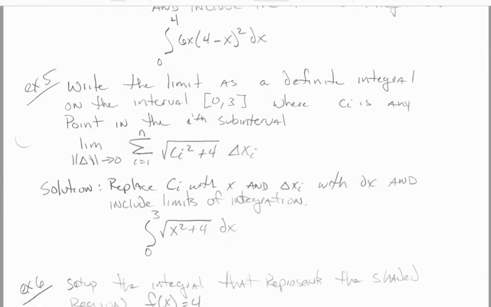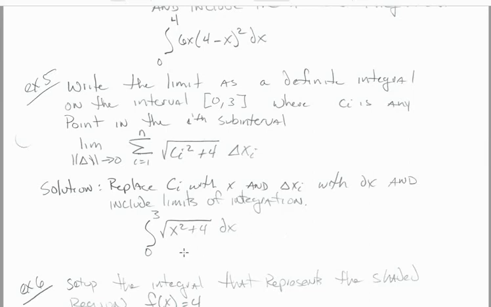Let's do another one here. We want to write the limit as a definite integral on the interval 0 to 3. ci is any point in the ith subinterval. We're given the limit as the norm goes to 0 of the sum from i equals 1 to n of the square root of ci squared plus 4 times delta xi. Once again, replacing any ci with an x, and we are given the interval from 0 to 3.